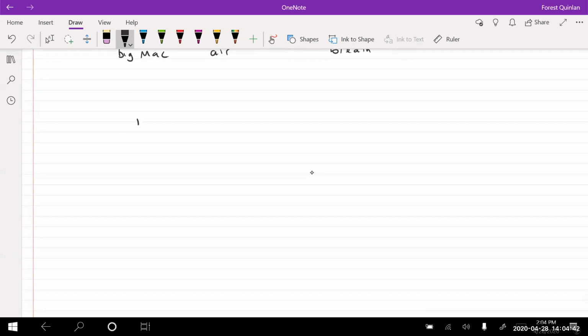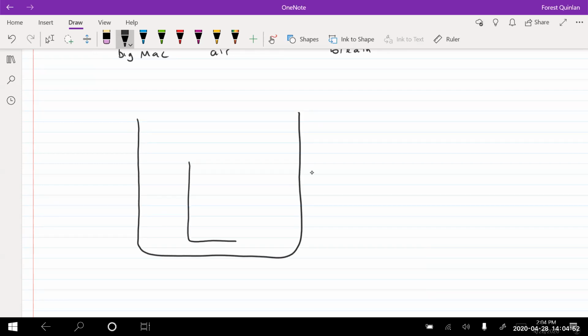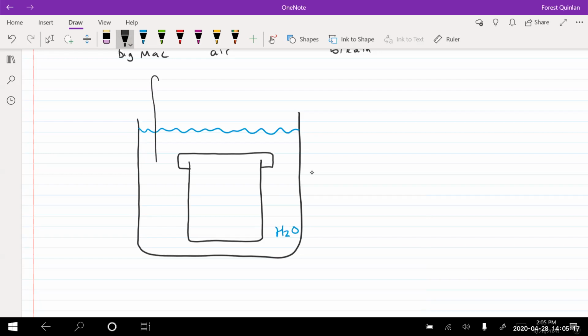I'm going to come here, and then I'm going to make a guy here. So what I'm doing is I'm drawing a very simple bomb calorimeter. Here we have, of course, good old-fashioned water. I'm going to put a thermometer in here.